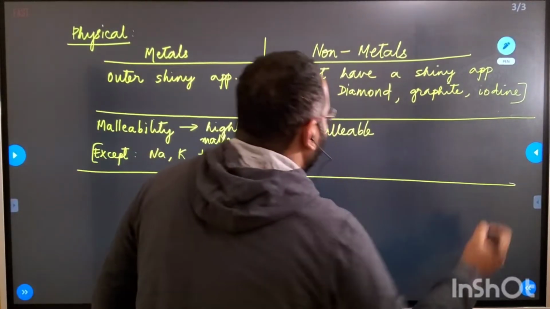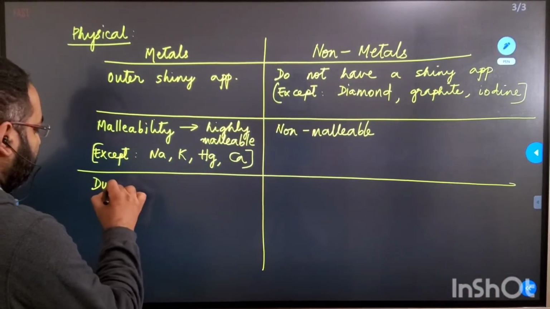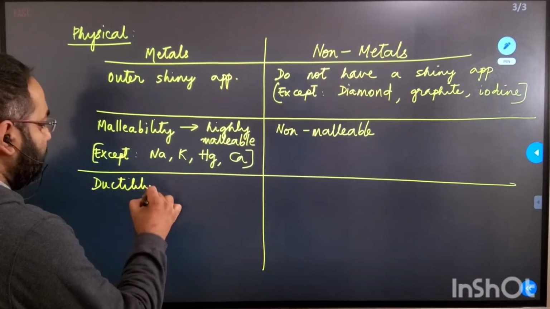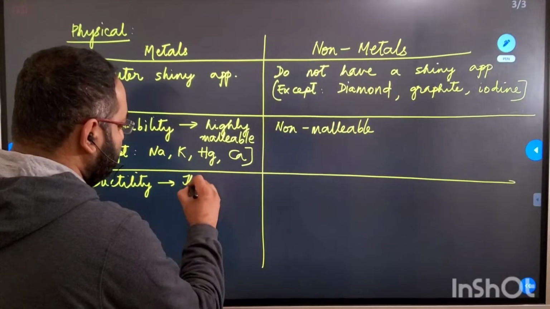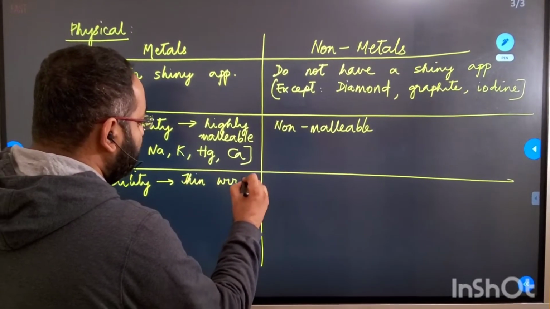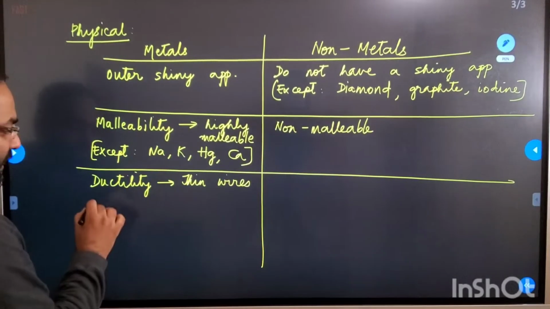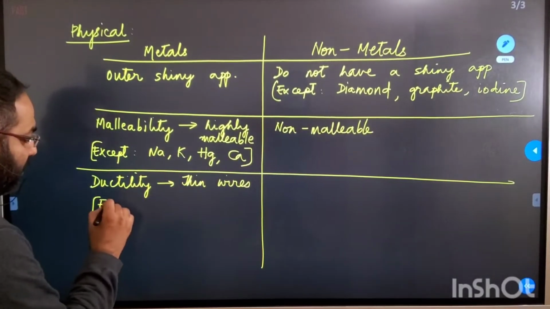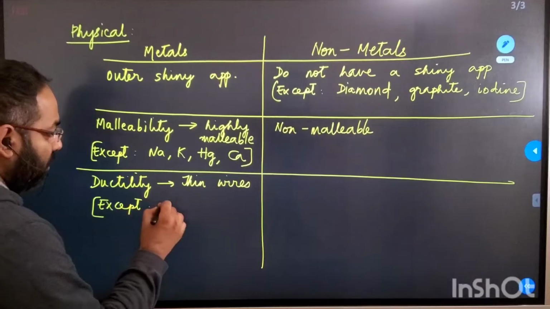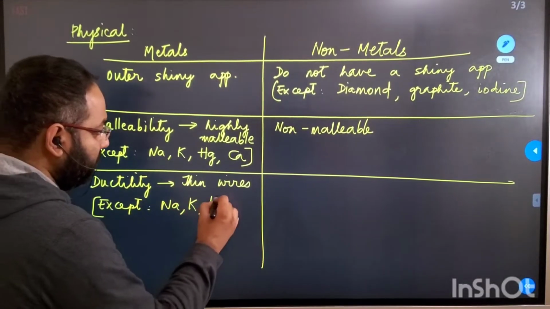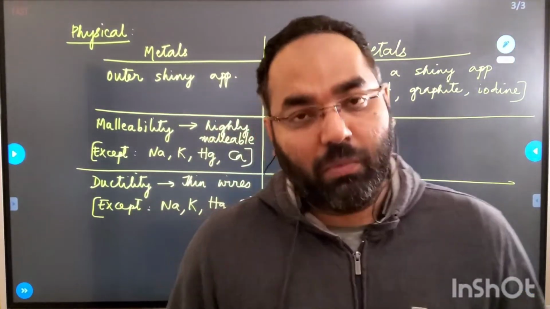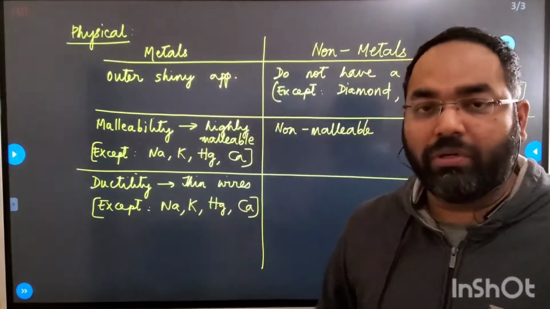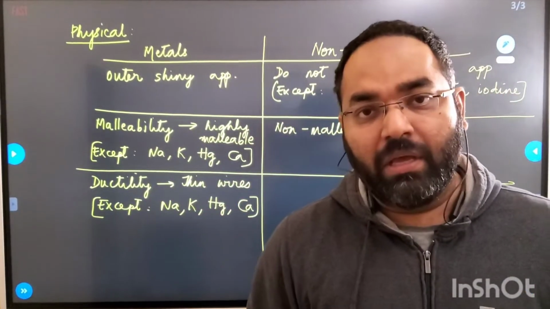Similarly, we all know about ductility. Ductility is the phenomenon with which you can draw them into thin wires. I'm just putting keywords here. Again, exceptions are the same. You cannot really draw metals such as sodium, potassium, mercury, calcium into thin wires, because they're so soft. One, you cannot touch sodium or potassium directly with your hand because it can burn your hand.